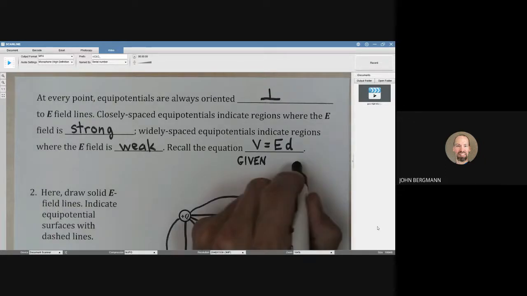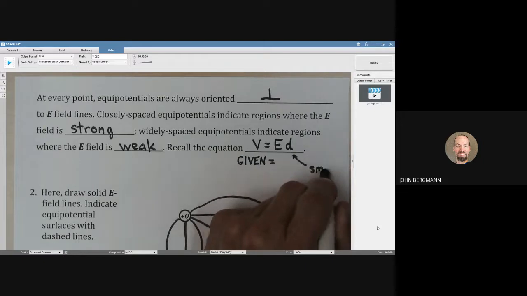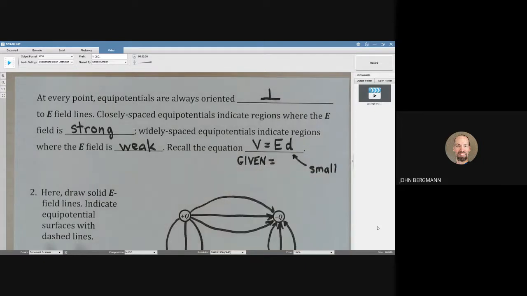You can see here that if D is a small number, if those equipotentials are very close together, then that means that in general the electric field there must be big, and vice versa. If the equipotentials are spaced far apart, in other words, D is big, then the electric field is a smaller number. So that's what we're trying to say here. Closely spaced equipotentials indicate regions where the electric field is strong. Widely spaced equipotentials indicate regions where the electric field is weak.